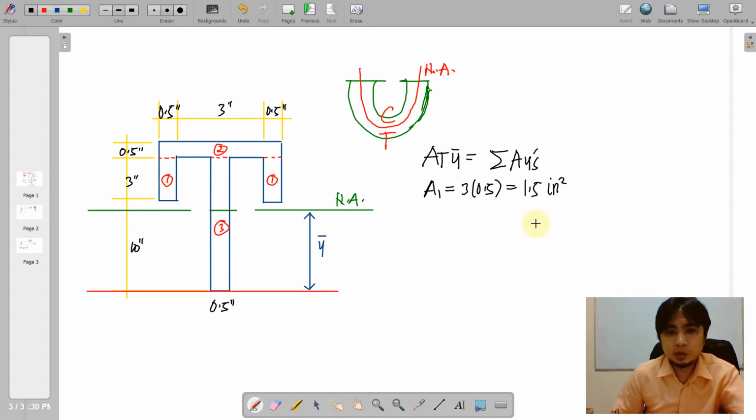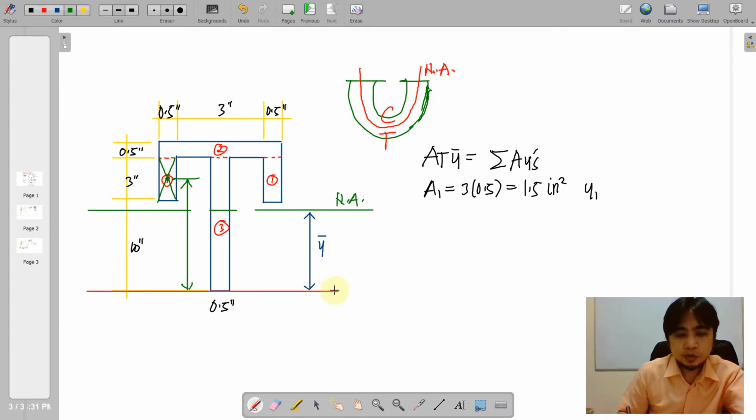And its y is the distance of the centroid of this composite area from your reference line. From the centroid of this small rectangle up to your reference line is actually y1.